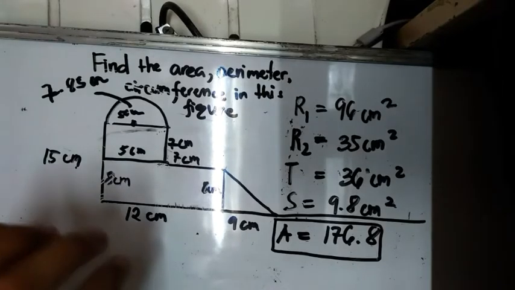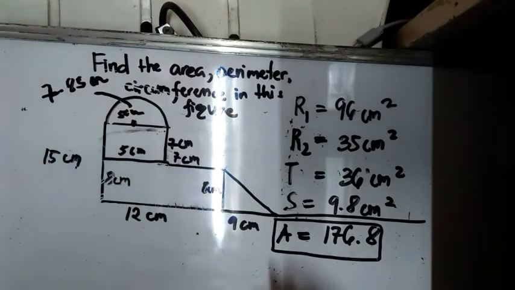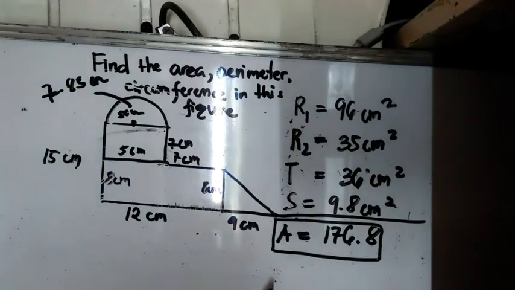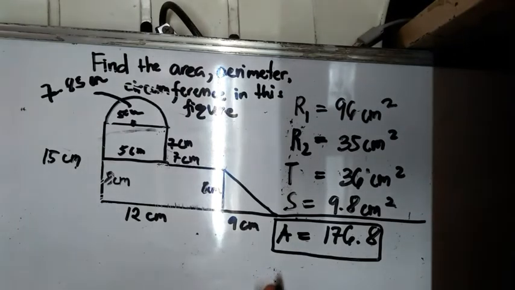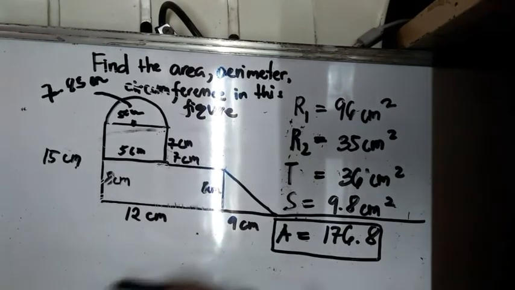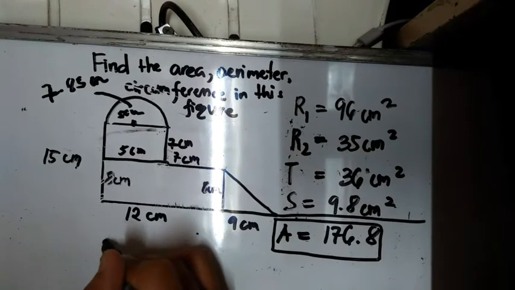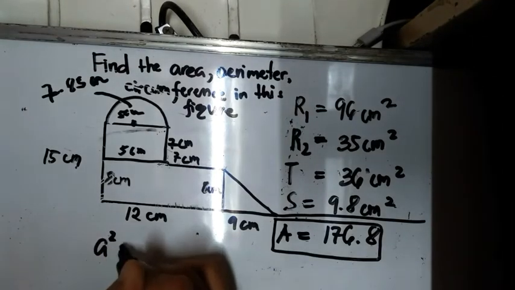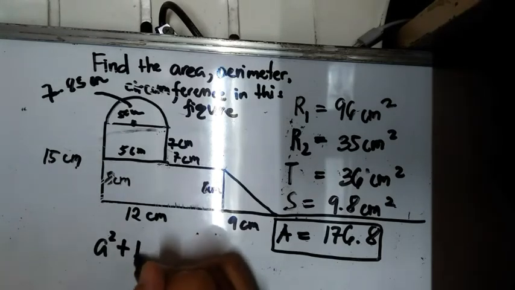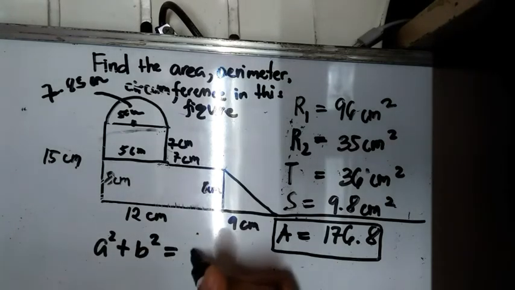Okay, so to get the hypotenuse of the triangle, we can use the Pythagorean theorem. This is the formula of the Pythagorean theorem: a squared plus b squared equals c squared.